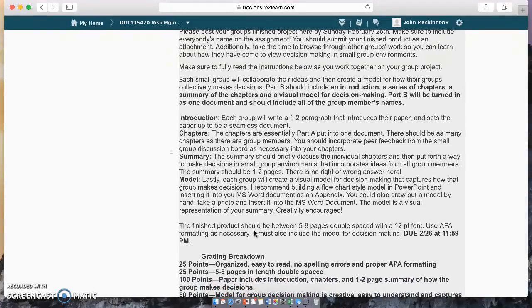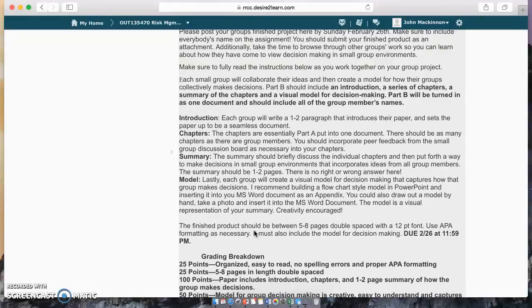So your part B should include an introduction, a series of chapters, a summary of the chapters, and a visual model for decision making. You'll turn part B in as one document, and everybody should have their names on it. So the series of chapters, that was part A. That was how you individually make decisions, kind of your own individual thought processes for making decisions in small group environments.